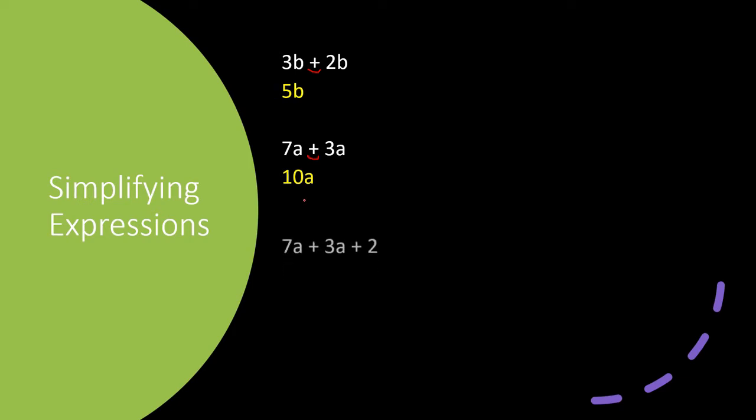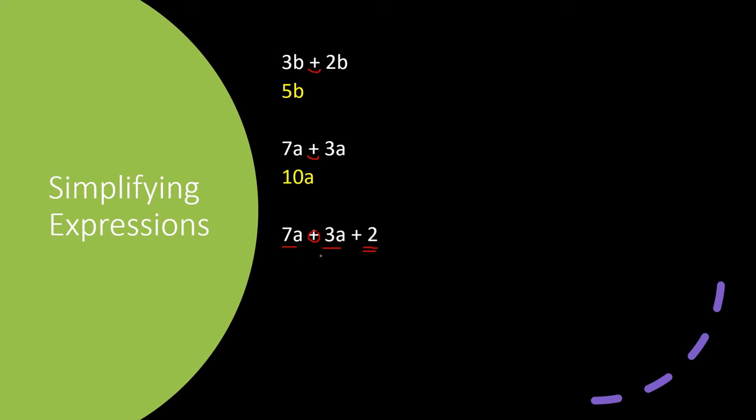Let us look at more examples now. This is just a little bit bigger. Now I have two like terms in here, the 7a and the 3a, and then I have the 2 by itself. So what do we do with this? This is very simple, my friends. We're still going to combine these two terms by adding them, because this symbol is telling me to add. 7 plus 3 is equal to 10.